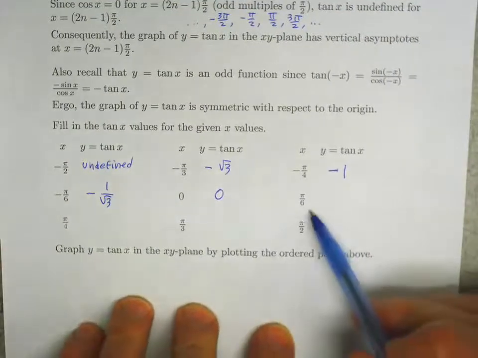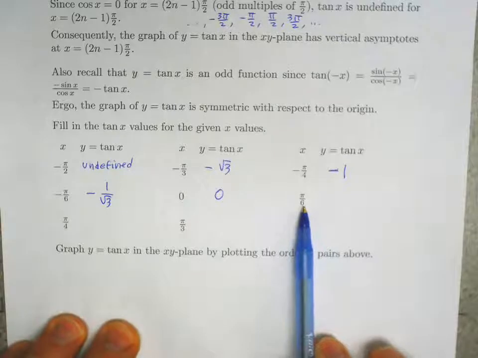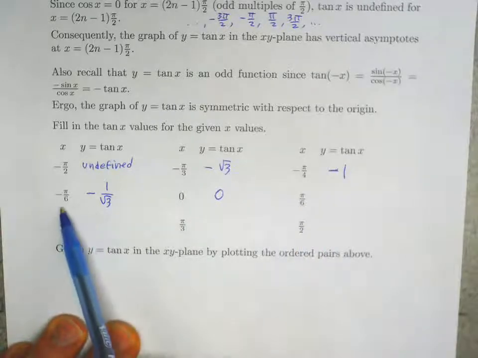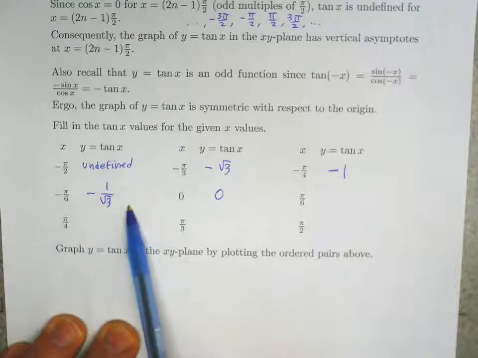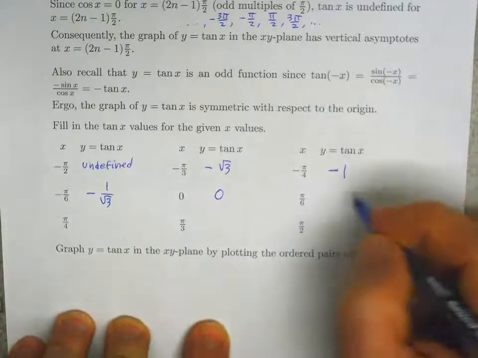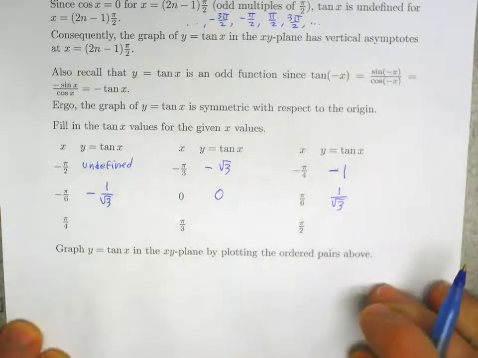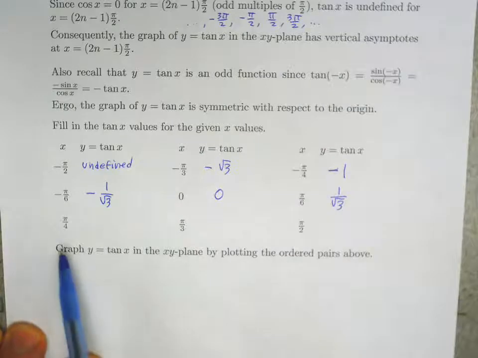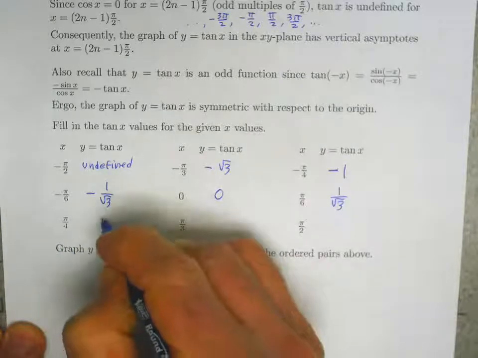Okay, then the tangent of pi over 6, we can use the fact that tangent of negative pi over 6 is equal to negative 1 over the square root of 3 to help us. Tangent of pi over 6 is just positive 1 over the square root of 3. And tangent of pi over 4 is equal to 1.